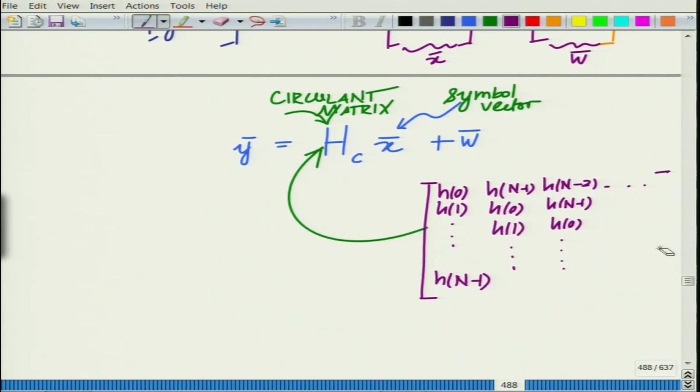This is your n cross n circulant matrix.